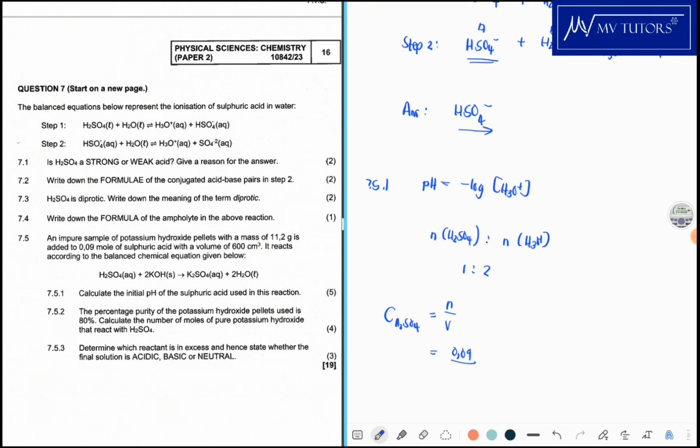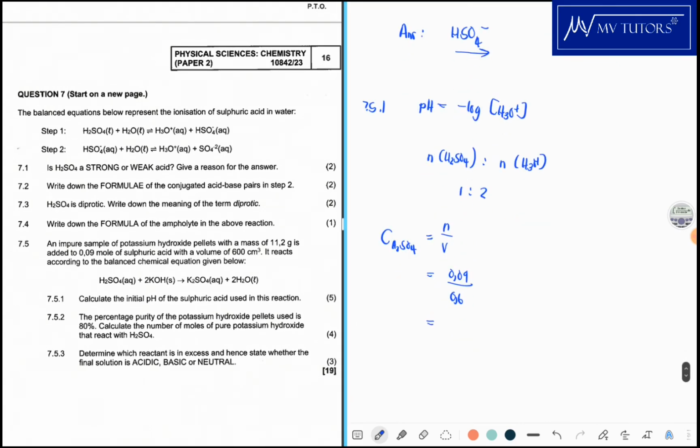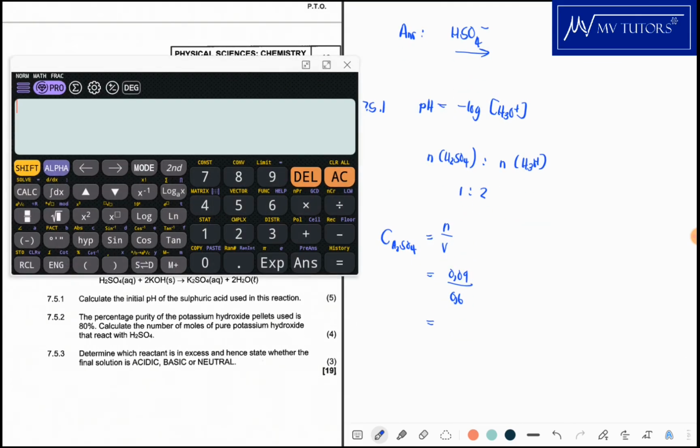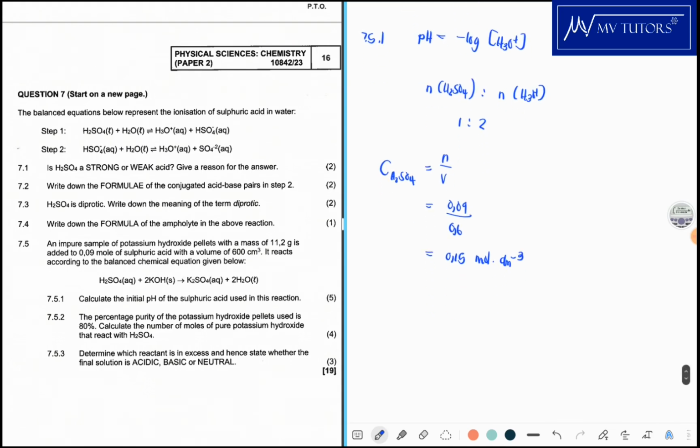We divide that by 1,000 so that we get cubic decimeters, so 0.6 cubic decimeters. Then when we calculate the concentration, we get 0.09 divided by 0.6, which is 0.15 mole per cubic decimeter. So now we know the concentration of sulfuric acid.